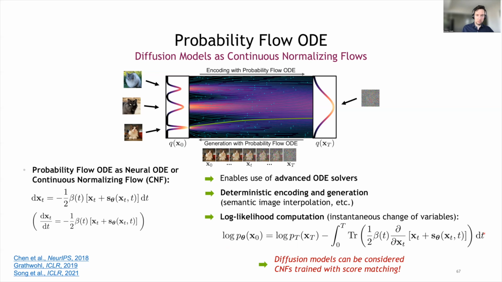However, training with this objective directly is actually a hard task because for each training iteration, I have to simulate the whole trajectory here and backpropagate through it. On the other hand, this diffusion model training relies on score matching, and as we have seen earlier, score matching works quite differently. In score matching, we can train for all these different times along the diffusion process separately. This leads to a much more scalable and robust learning objective. And this makes diffusion models very scalable in contrast to these normalizing flows, I would argue.